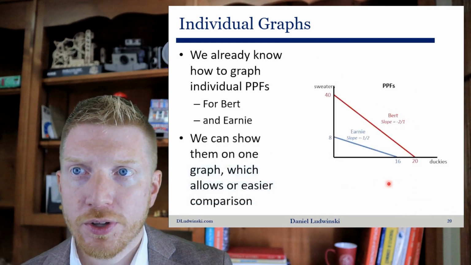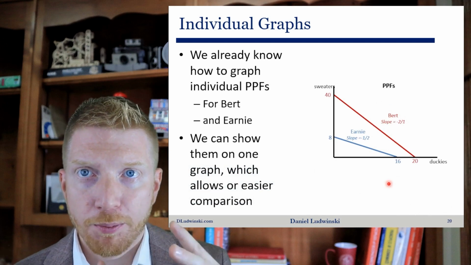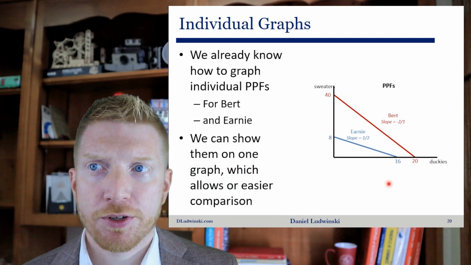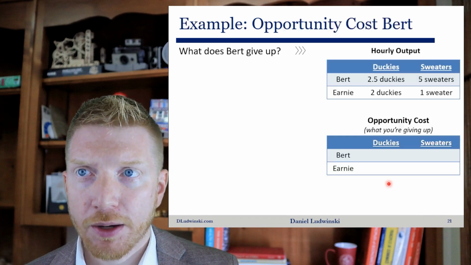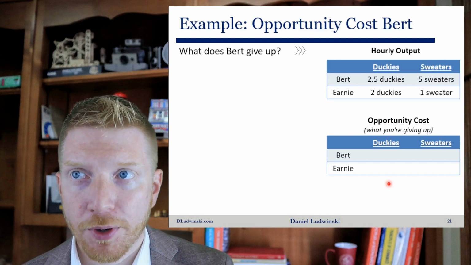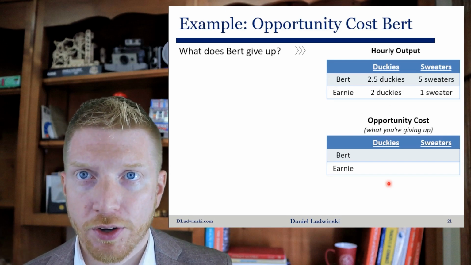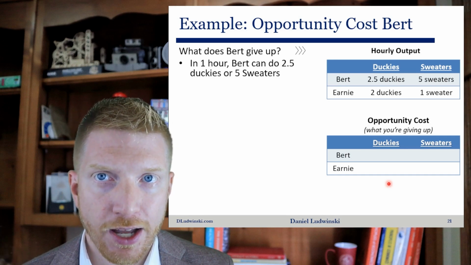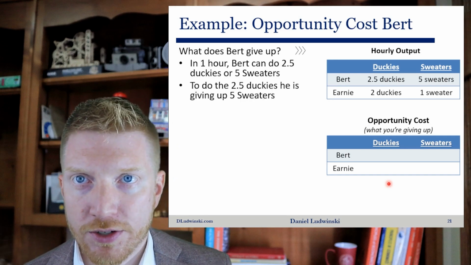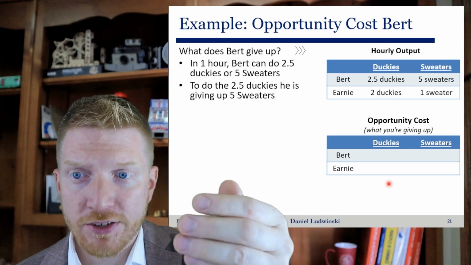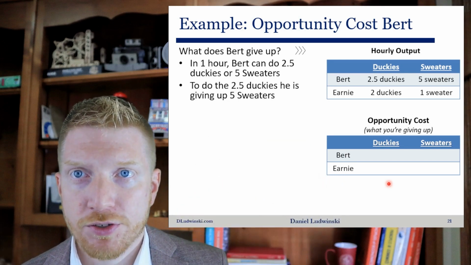We could also show this on one graph where they're put together. When we're thinking about opportunity cost, we're thinking about what Bert gives up. So first we'll focus on Bert, and then we'll focus on Ernie. So in 1 hour, Bert has the option of either making 2.5 duckies or 5 sweaters. So in order to do those 2.5 duckies, each hour he has to give up 5 sweaters.